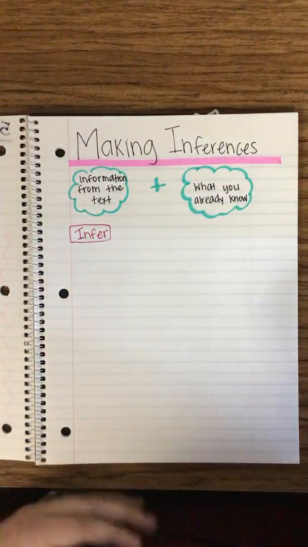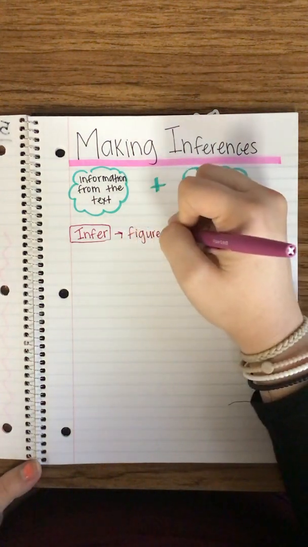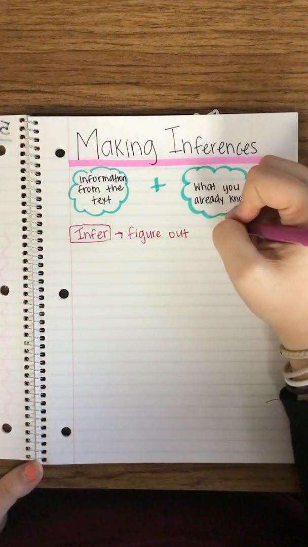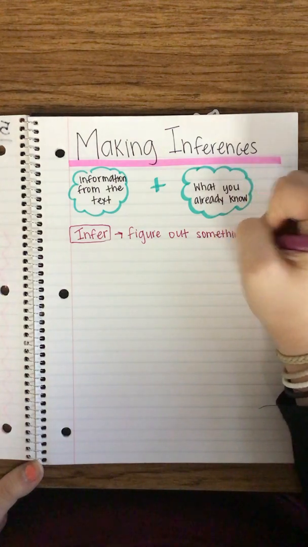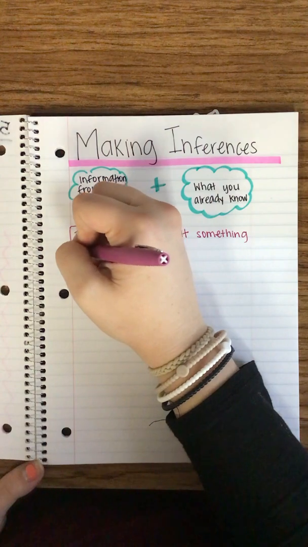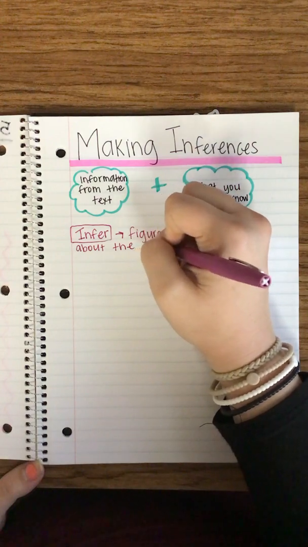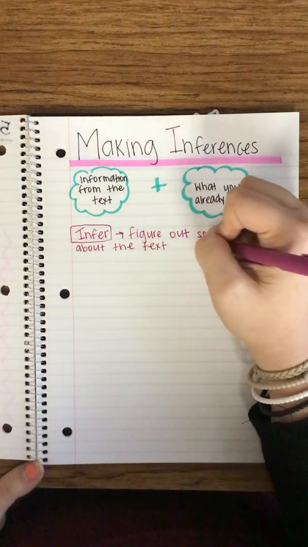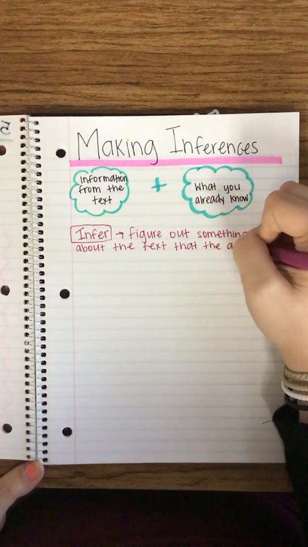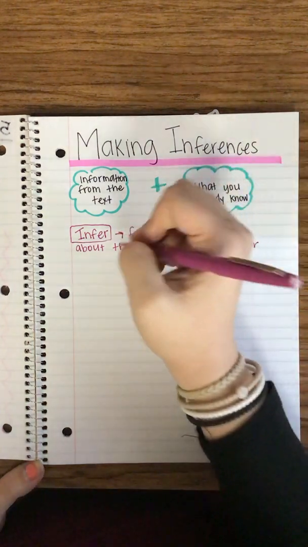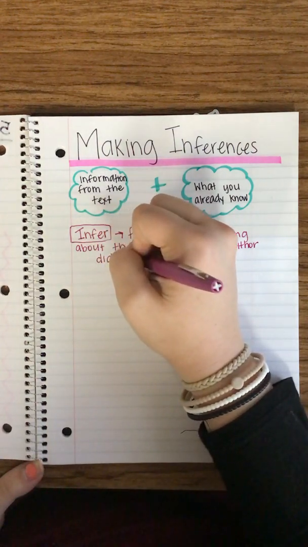To infer means to figure out something about the text that the author, or the person who wrote it, did not tell you.